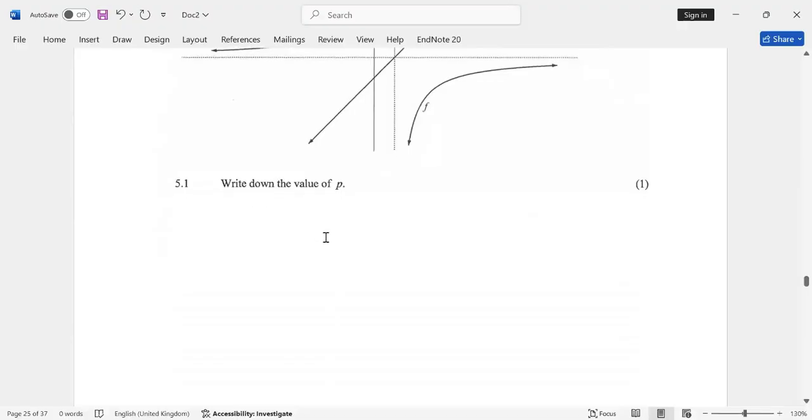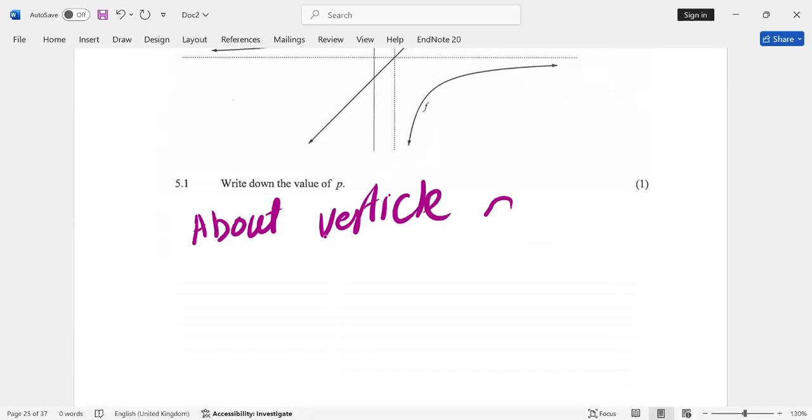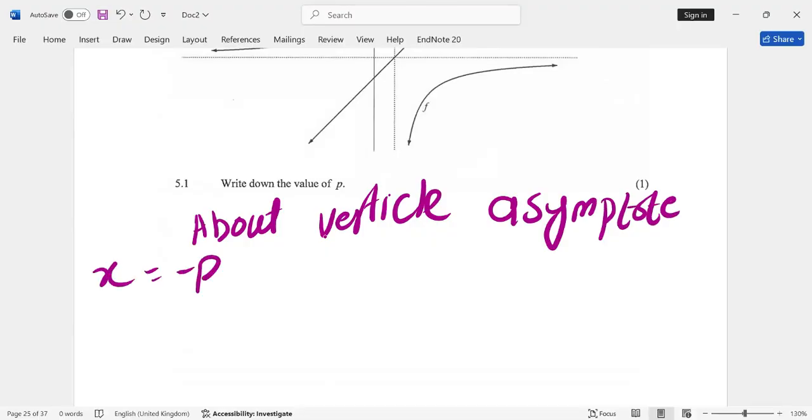The domain is determined by the vertical asymptote, that is x equals minus p. Since the domain excludes x equals 1, the vertical asymptote must be x equals 1.